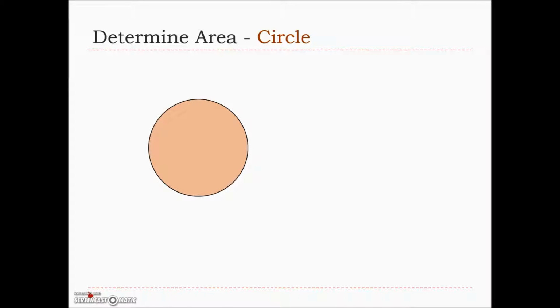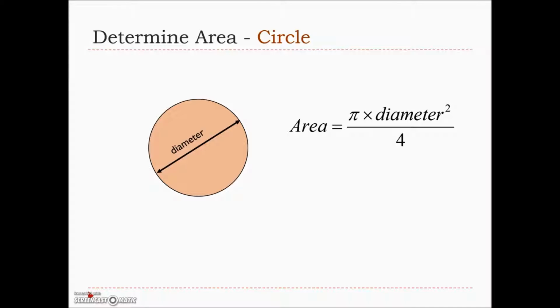The area of a circle can be found by taking the diameter, multiplying it by itself, which we're using a shorthand here of diameter squared, multiplying that by pi, 3.14, and dividing the result by 4. You may have in a previous math class also seen the area of a circle with the formula represented by taking pi times the radius squared. Either one will give us the same area value.